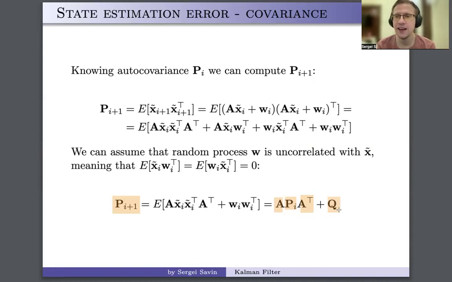Likely, unless A quickly diminishes P. Unless A shrinks P down, it's going to increase because there is this added term Q each time, which is positive definite. P0 is positive definite. So if A, for example, is identity matrix, it's going to increase. Okay. All right. Any questions so far?